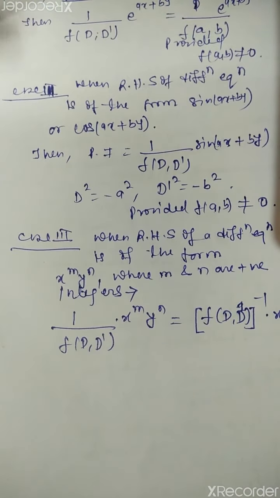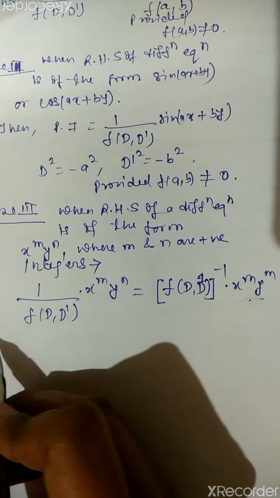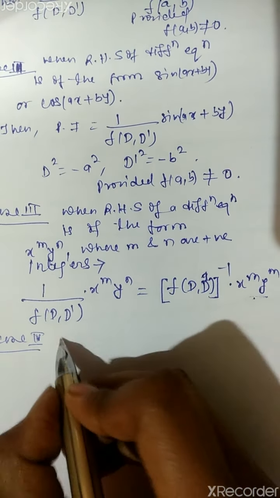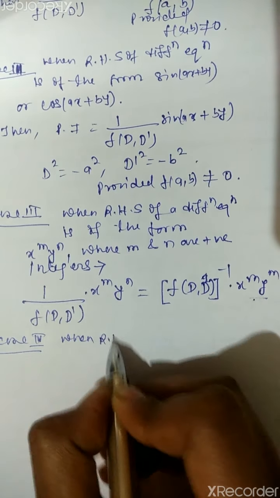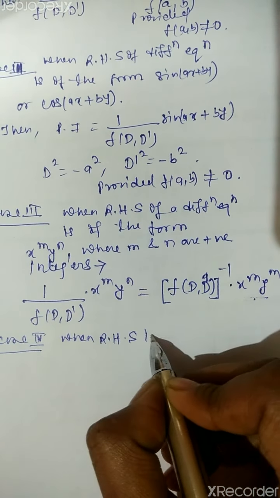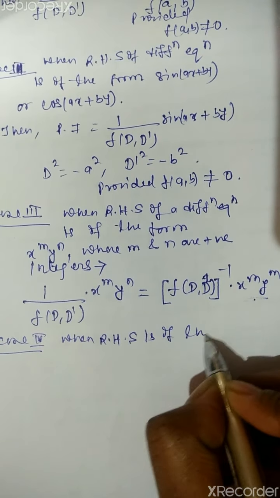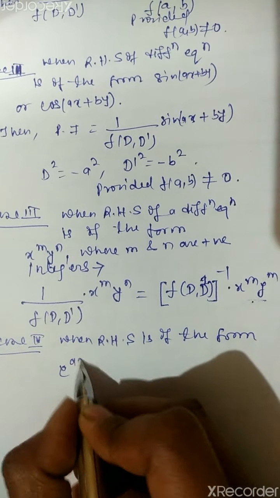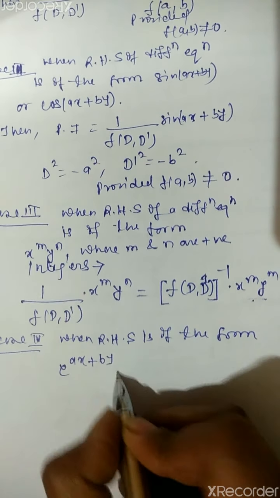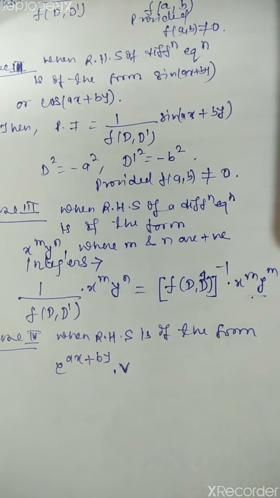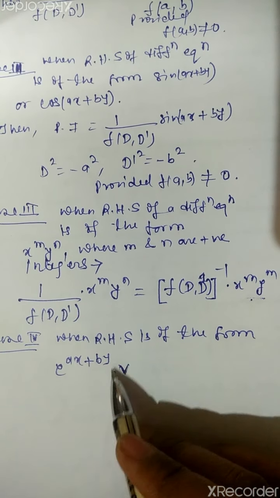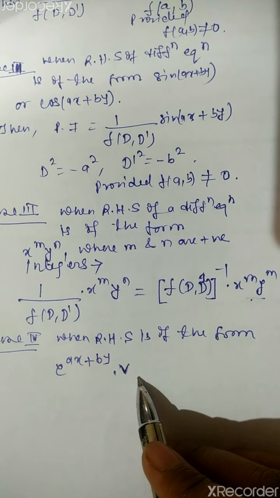Now case 4. When the right hand side is of the form e to the power ax plus by into V, that means exponential and some function V. V might be an algebraic function or a trigonometric function, whatever is given.